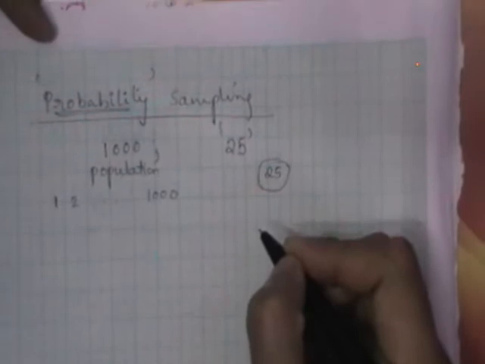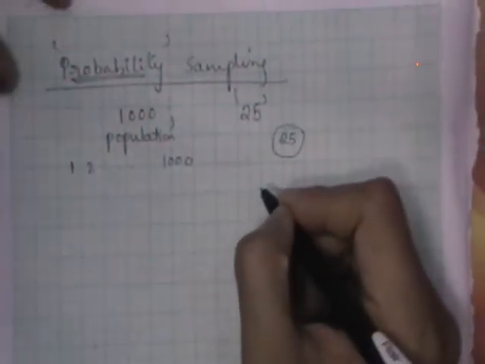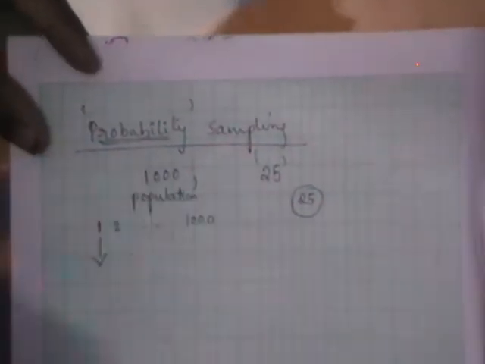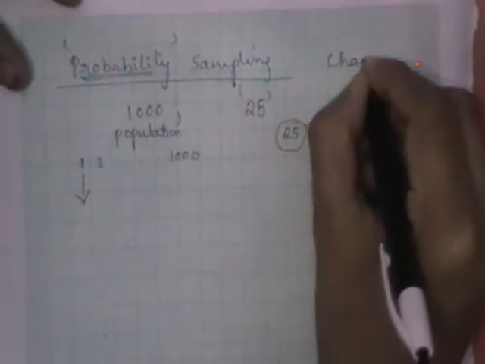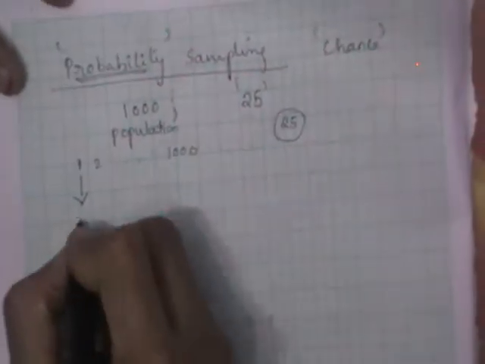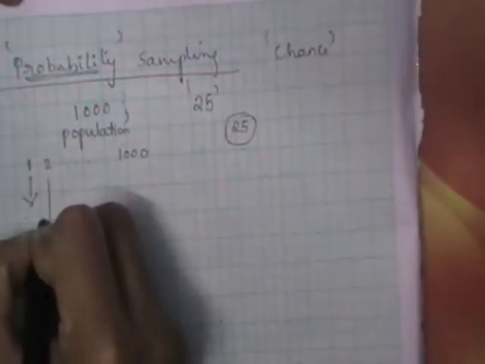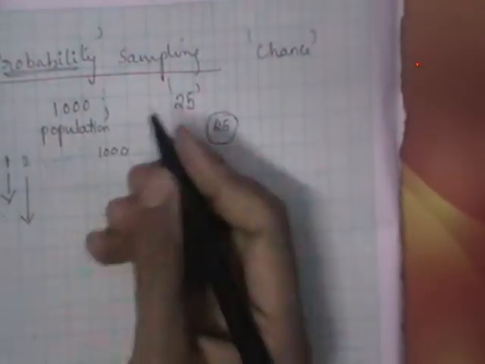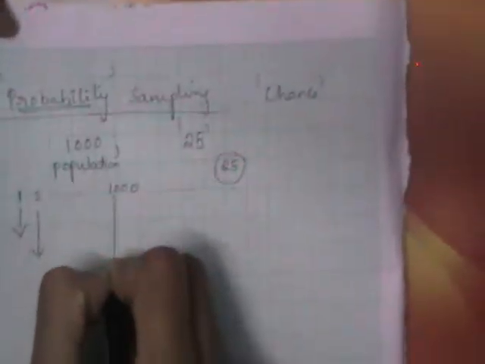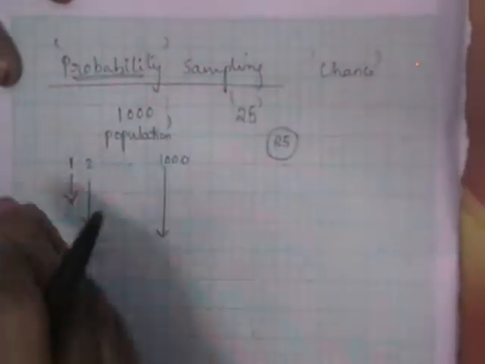So which units are you going to select? Under this method, each unit, the first unit, is assigned some probability. Probability is nothing but chance. The first unit is given a certain chance to be included into the sample. Similarly, the second unit is given another probability, and so on. All the units are assigned some chance of being included into the sample.